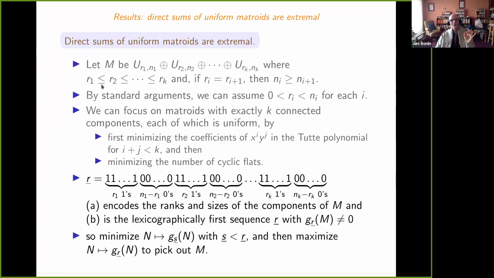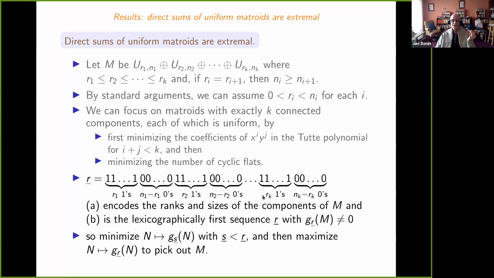Now, this ordering that I put on the ranks and then the elements, so that we have these inequalities, that's saying if you look at the corresponding 0, 1 sequence, that's lexicographically first among the rank sequences that occur in this matroid. It also encodes all of the ranks and sizes of these components.